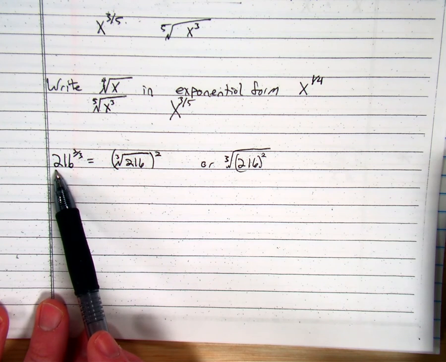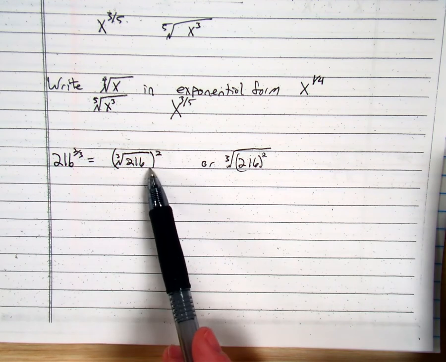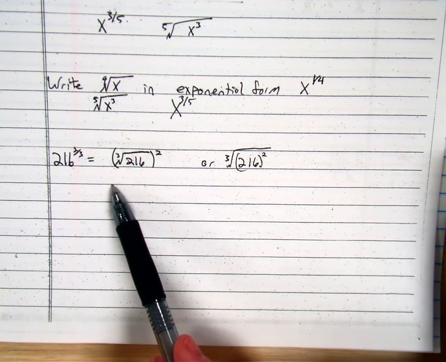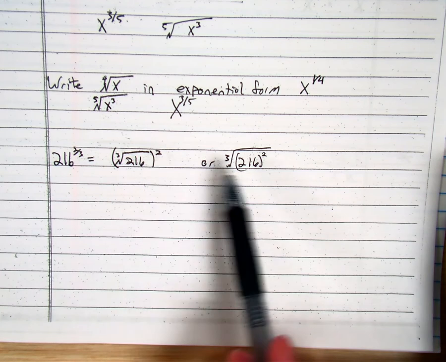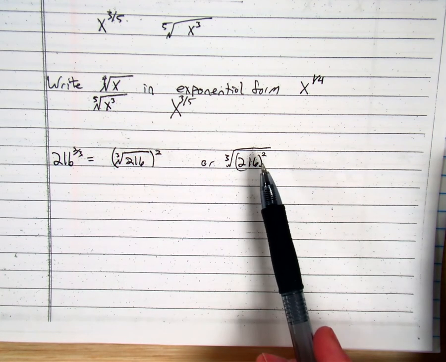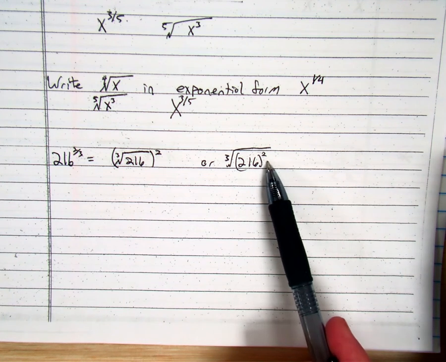Okay? And also by making it smaller first, you're going to have a much easier time doing the power. I'm not going to know how to do basically either one of these in my head. 216 squared, not going to know how to do that.